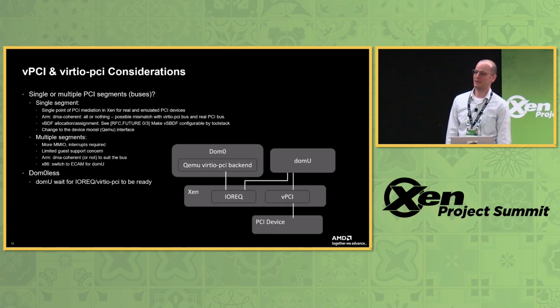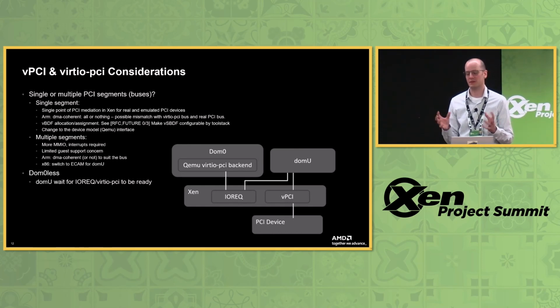If I'm only doing VPCI, then I have a PCI bus in my guest. Nice and simple. If I'm only doing virtio-pci, I again have a single bus in my guest. So one possible solution is to have multiple PCI segments.